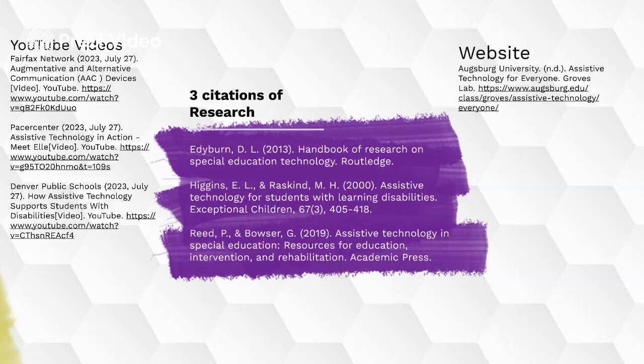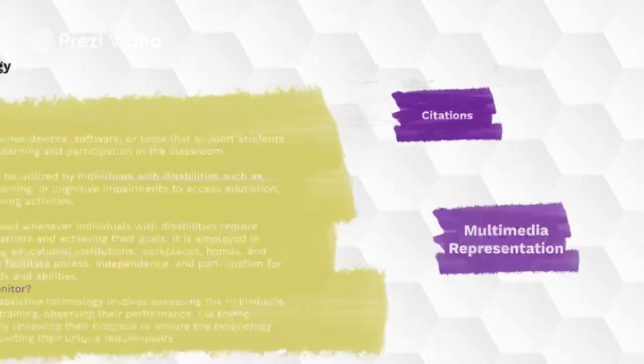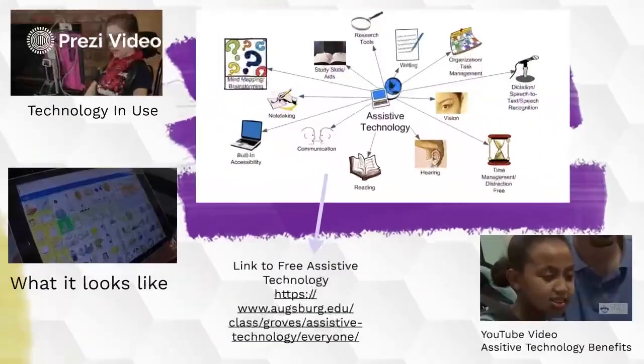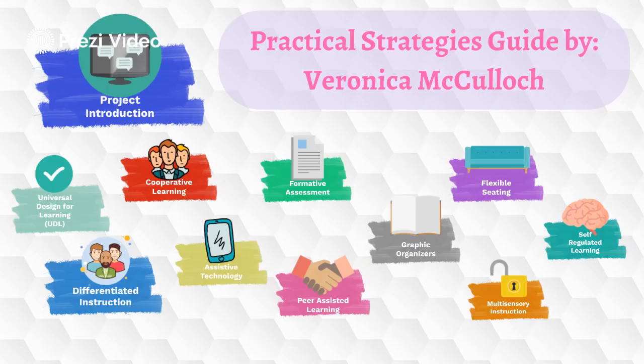All of these are links that you can click on and it will take you directly to the videos. There are 3 YouTube videos here, a visual to help you understand when assistive technology is utilized, and a link to free assistive technology resources.